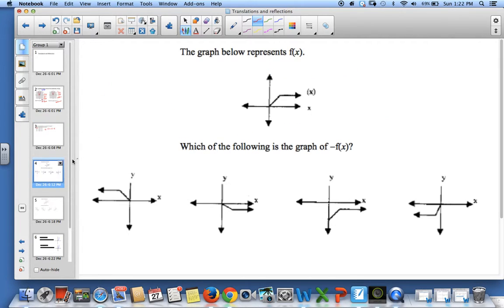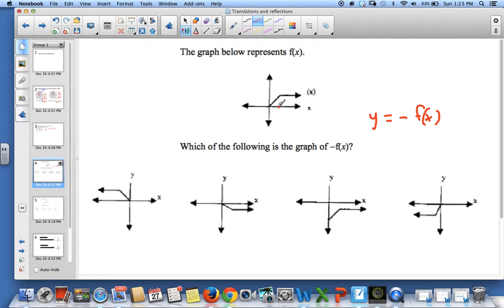Now we're looking at reflections. For reflections, we're going to reflect the graph of y equals negative f of x. Okay, so let's pick a point right here. This is x. So we want y equals the opposite of f of x.